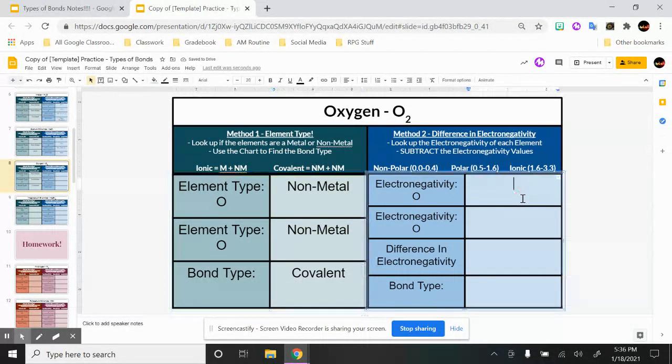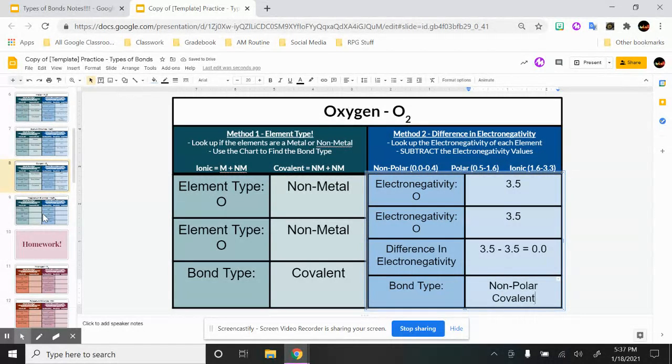They're both oxygen, so they both have the same electronegativity. So when I go to subtract, I'm going to get 0. Non-polar is 0.0 to 0.4, so this is going to be a non-polar covalent bond.